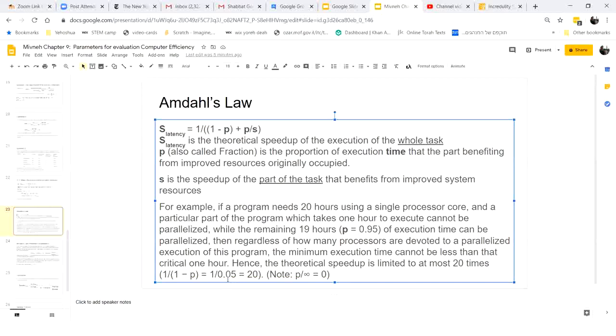And now we get 1 minus 95%, which means 5%. So 1 over 0.05. And that happens to equal 20. Because you're dividing something by a fraction, so it's like multiplying. So we get 20. And that's what we should have gotten.